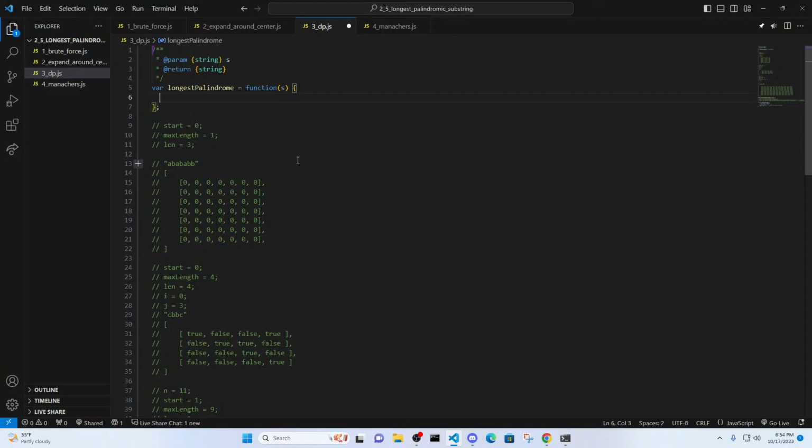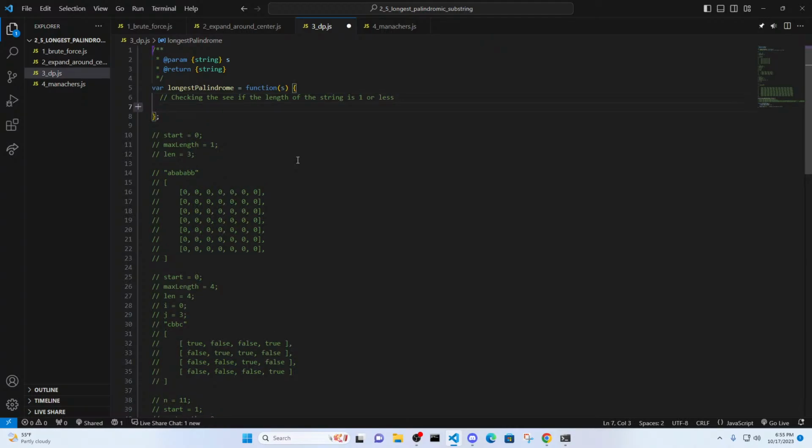So the first thing we're doing is very similar to all the other ones. We are checking to see if the length of the string is 1 or less. If it is, just return the string.